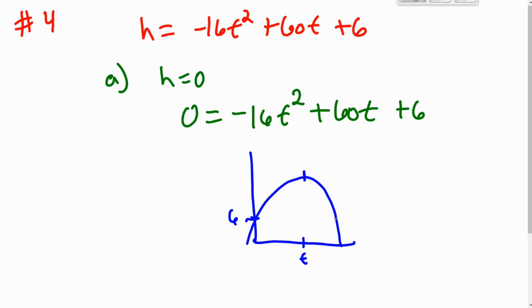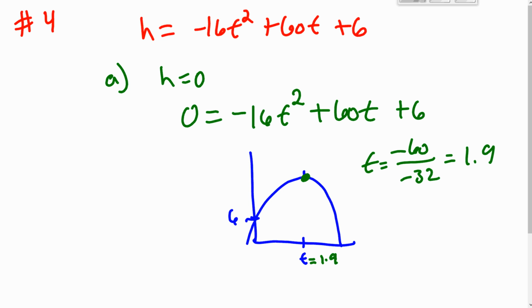So if I found my vertex, I'd almost know where the middle of that is. I find the vertex by taking negative b, so negative 60, divided by 2 times my a, so negative 32, and I get about 1.9. So t is equal to 1.9. At 1.9-ish, it's going to be at its max height.